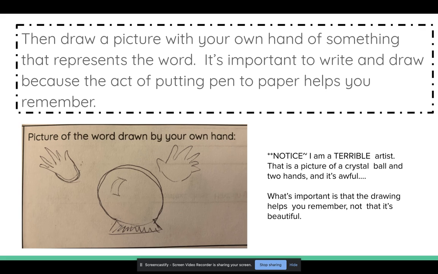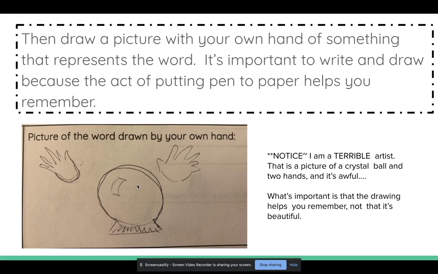The important thing about vocabulary, for you to expand the number of words you have at your disposal when you're trying to express yourself, is that you have to remember what they mean, and you have to remember for a long time and be able to apply that memory to new settings. So it's important to me, and it ought to be important to you, that you both physically write and draw things. What I want you to notice about my little example here is that I am a terrible artist.